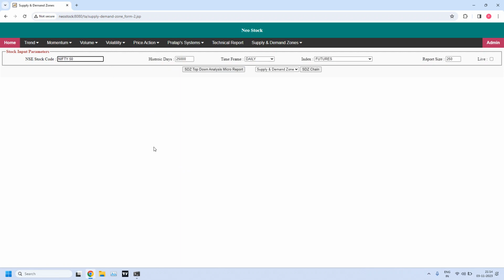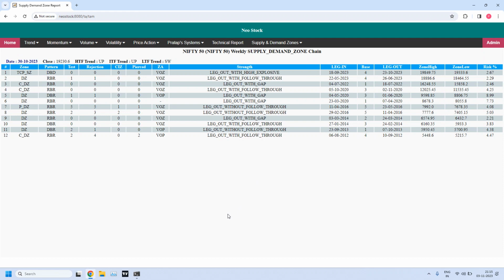Entry time frame, first I am selecting weekly and generating the supply demand zone chain. SDZ means supply demand zone chain. So these are the weekly zones.